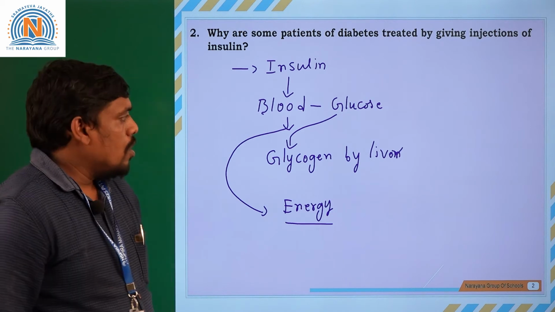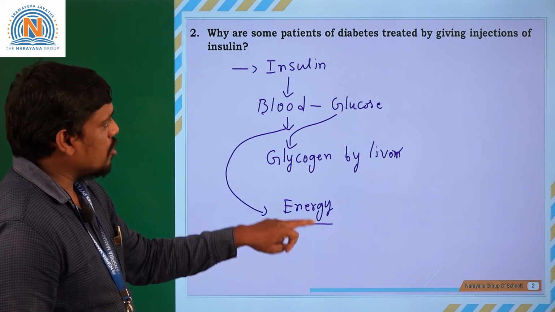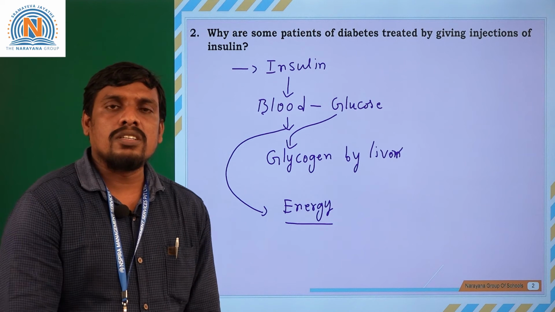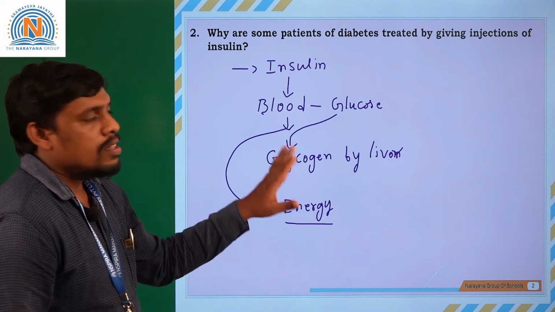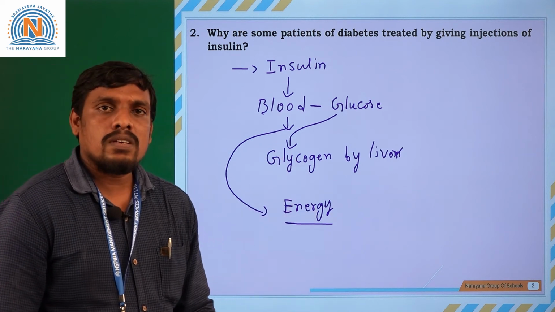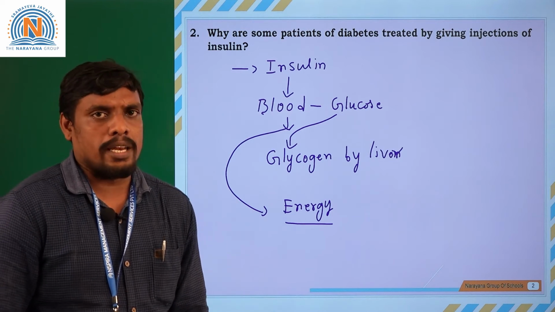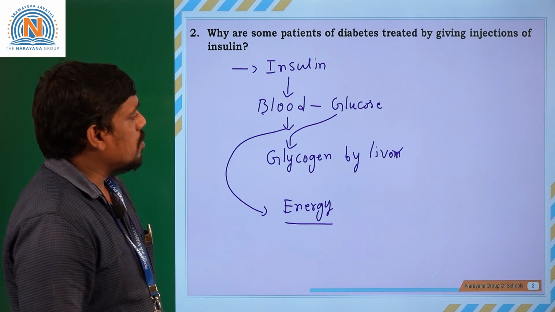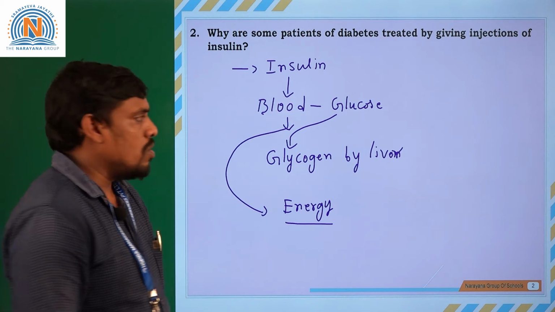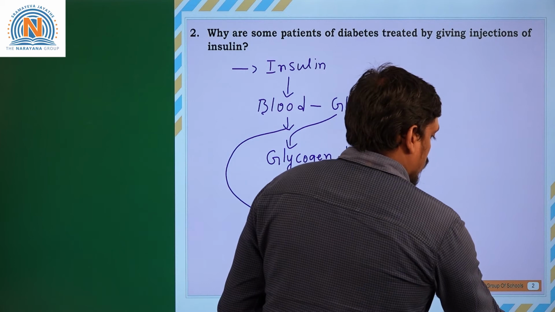Clear students? To initiate these kinds of functions, an artificial injection is given. The excess glucose or sugar levels generally come to normal position when an injection is taken. So these are the uses of the insulin injection that we take in our day-to-day life.